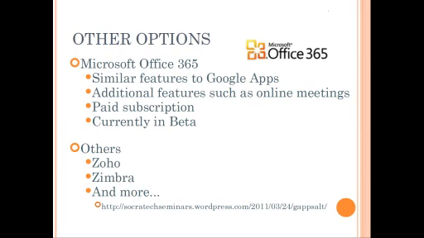From what I've been able to tell by reading on their website about it, it will have quite similar features to Google Apps, such as the mail, calendar, documents, and sites aspect, as well as some other stuff such as online meetings. Also, from what I've been able to tell, it looks like there will be a paid subscription for it, but I can't really give you details on the pricing at the moment. If this is something that you're interested in, I would contact Microsoft about that to find out more.